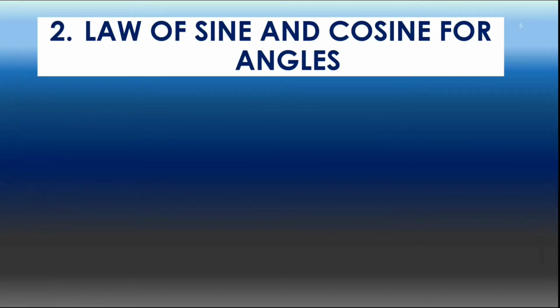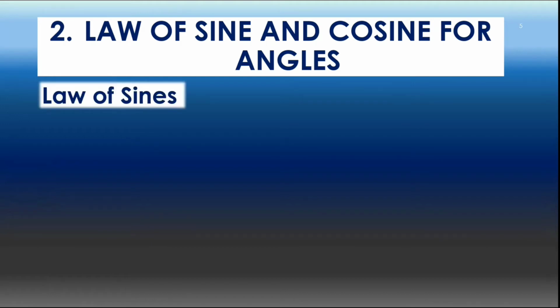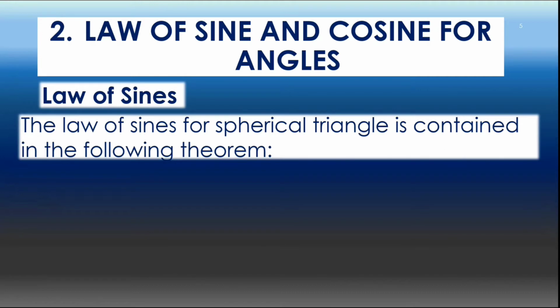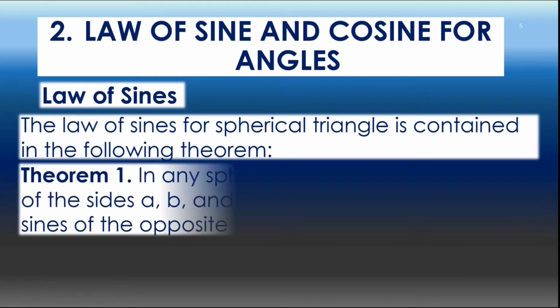In solving the oblique spherical triangle, again, we have laws: the law of sines and the law of cosines. Under the law of sines, the law of sines for spherical triangle is contained in the following theorem.